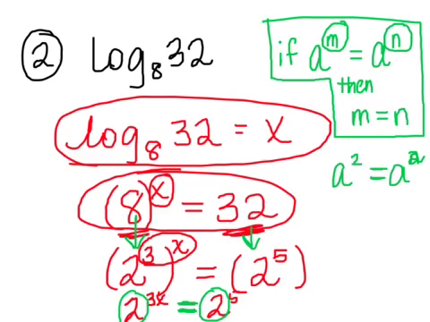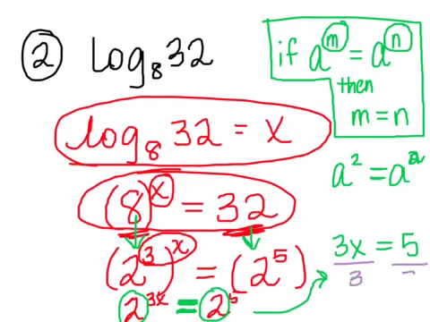So if the bases are the same and they're saying it's equal, then the two exponents have to be equal. And so because of that, we can say that it has to be true that 3x equals 5. Those exponents have to equal one another if this equation is truly going to be equals like it says. And then we can now just solve this for x.